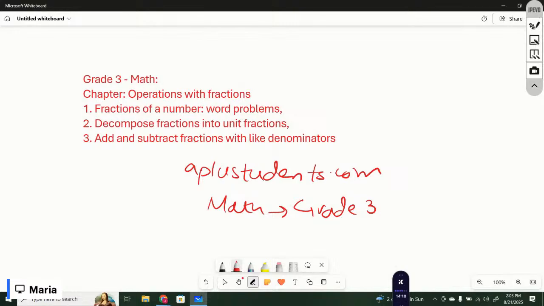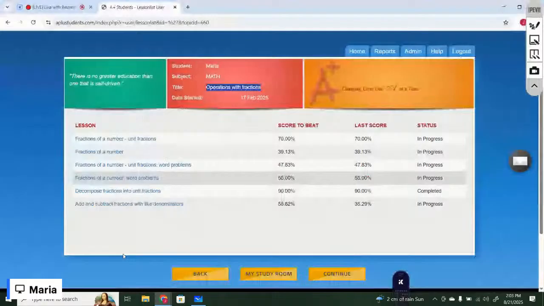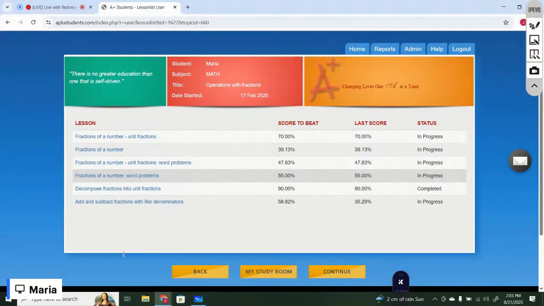So please make sure you have your notebook and pencil so that you can note down the important examples and definitions as well. Here I'm on grade 3 math. The chapter we're on right now is operations with fractions. Let's just start with the lesson that is fractions of a number word problems.